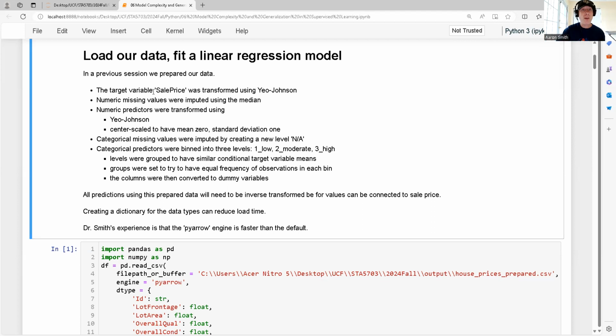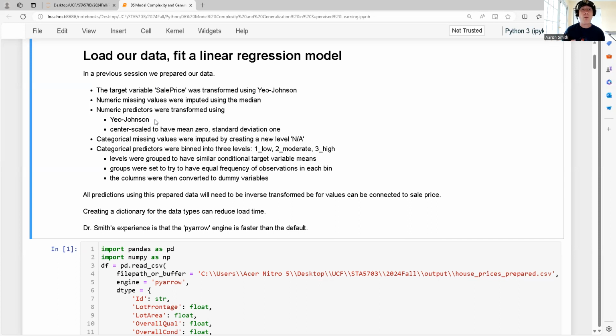All right, so in my data set, I've got sale price as my target, and this was transformed using Yeo-Johnson to get the distribution to look more normal. Numeric variables were imputed using the median, and they were also transformed using Yeo-Johnson, which is similar to Box-Cox, but it will allow negative values and zeros.